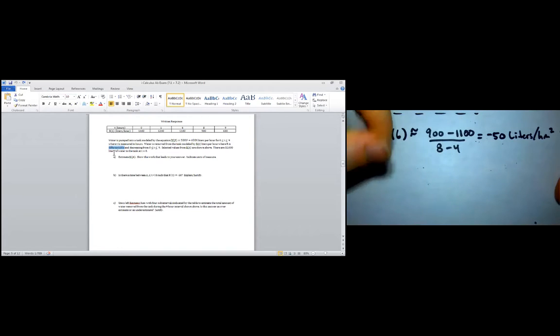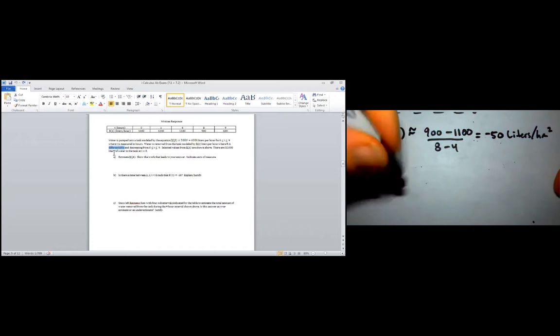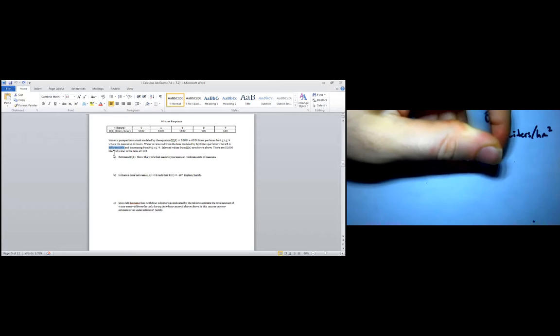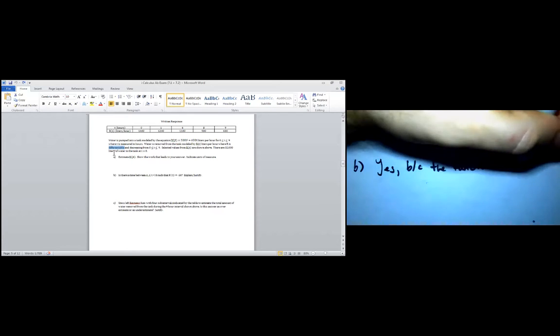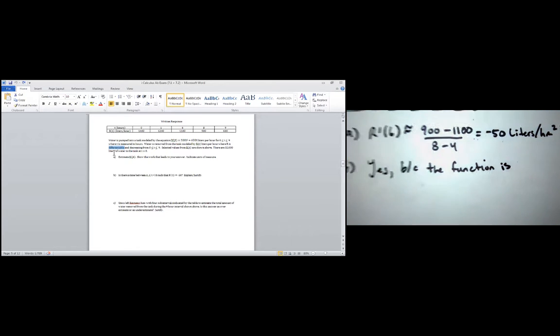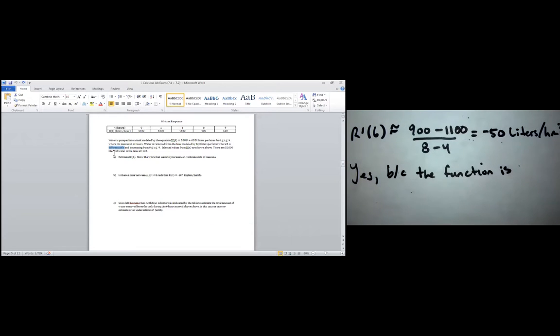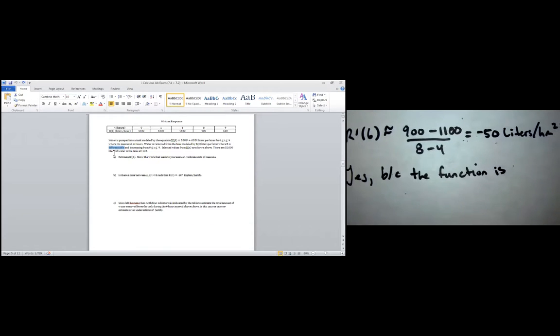So to get full credit for part B, first off, our answer is going to be yes, because the function is, now you're more than welcome to do all this abbreviating while we're learning over the last half of the year. You are not allowed to abbreviate in May when you actually take this.